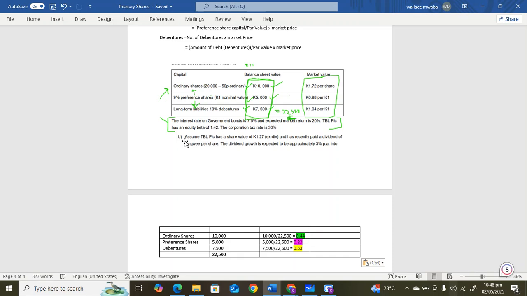Otherwise, you'll get inflated values. Because, for example, if we said 10,000 divided by 50, we might have got like 200 shares, which is wrong. So, yes, madam, whenever you see anything in Ngwe, convert it to kwacha.